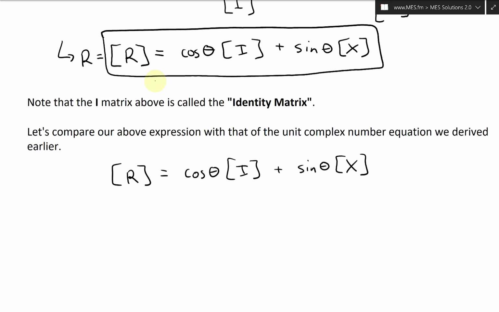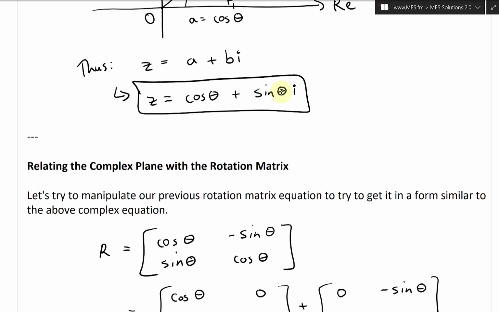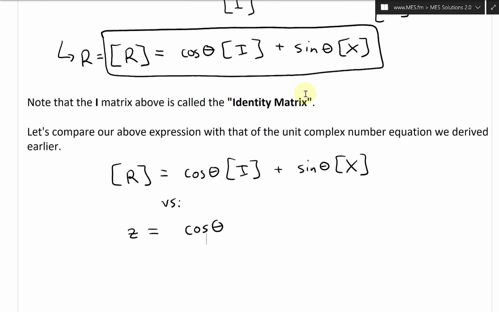Versus the unit complex number z, which equals cosine theta by itself. But I'm going to put a 1 there, times 1, plus sine theta times i, like that.